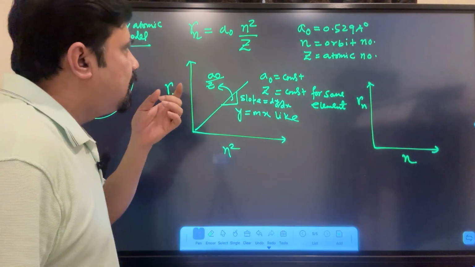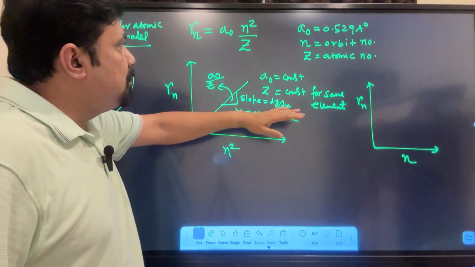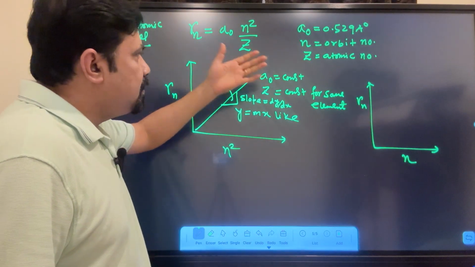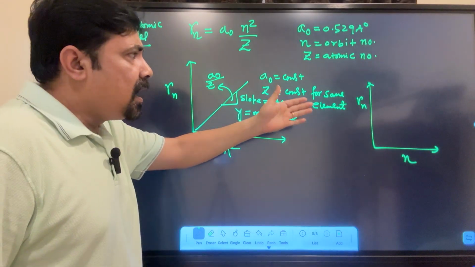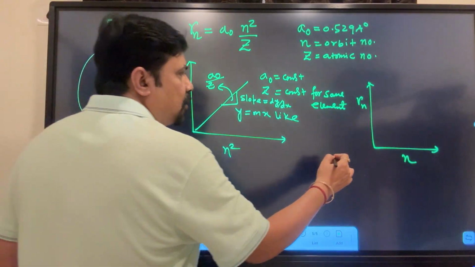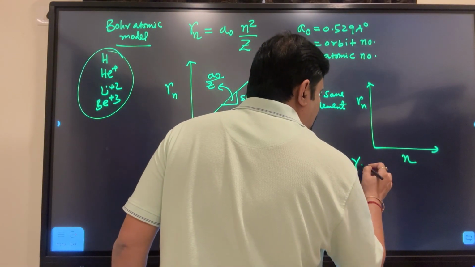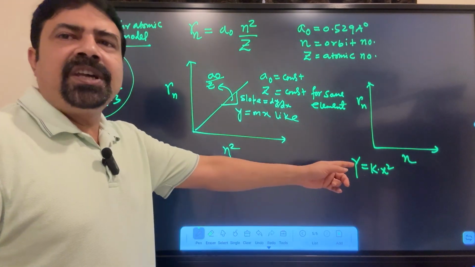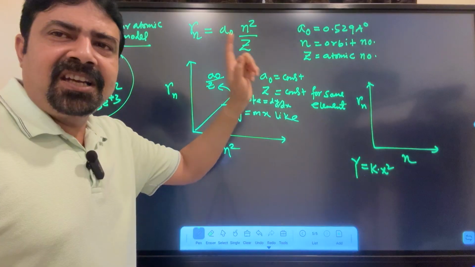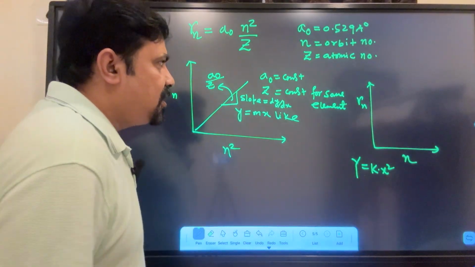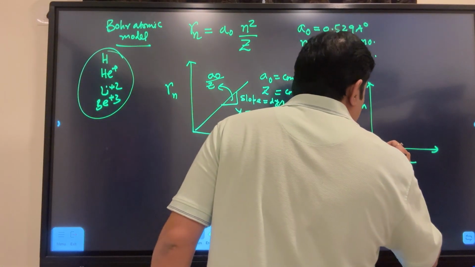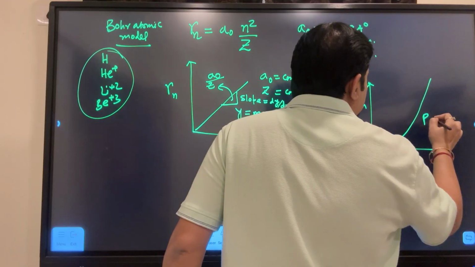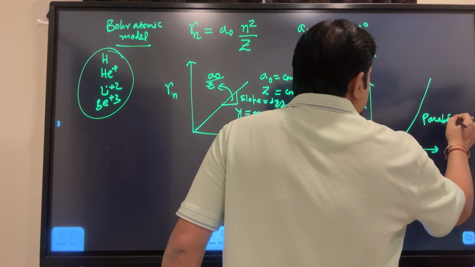Again the same idea: for the same element a naught is constant and Z is also constant. Then y is equal to some constant into n square. You know this equation very well, it is a parabolic equation. So Rn versus n is a parabola.